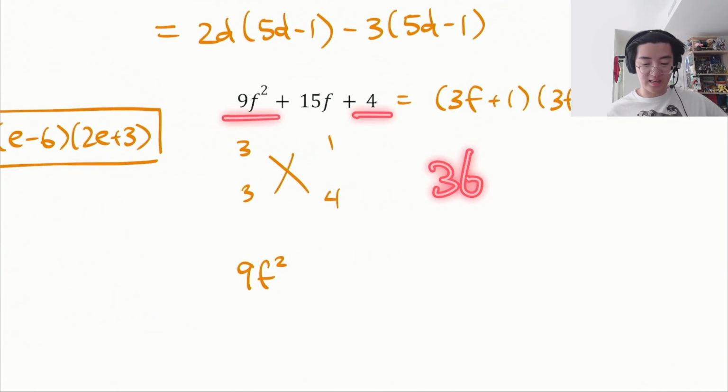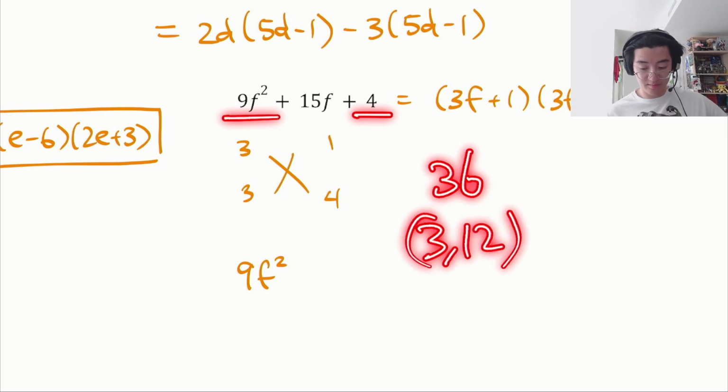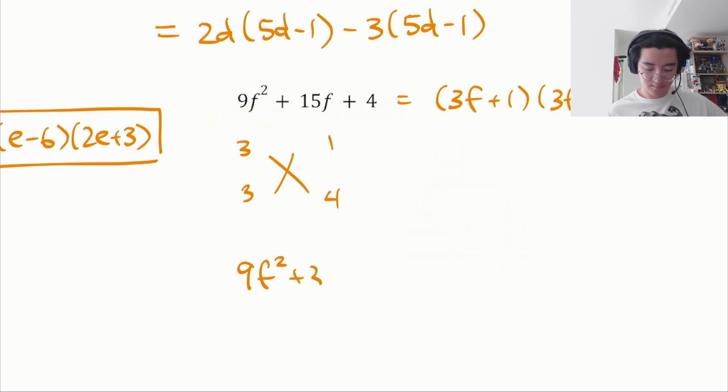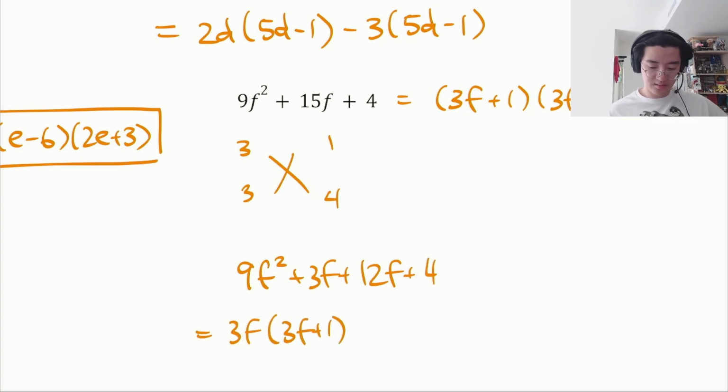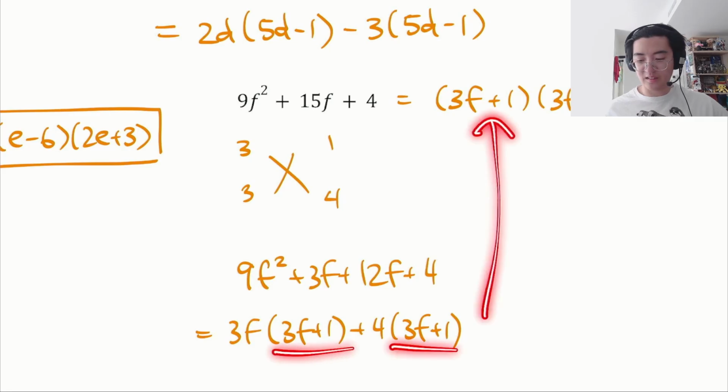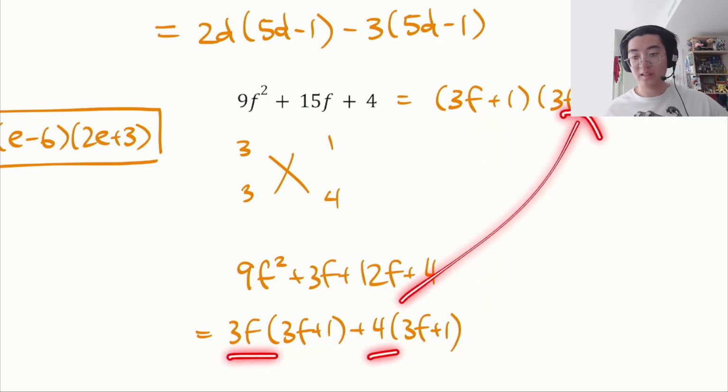Factors of 36 that add up to 15, which is 3 and 12. Factor out the 3f. Factor out the 4. Okay, and then we got that. Factor those guys out to get that. 3f and 4. We got that.